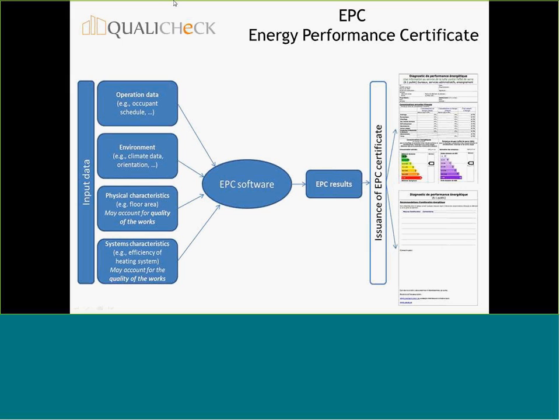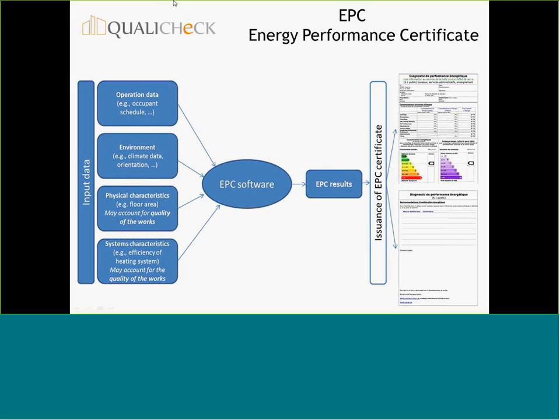And you see that input data describe the building, its physical characteristics, the environment in which it has been or will be built, the characteristics of the systems for heating, ventilation, air conditioning, domestic hot water, lighting, and so on, and also the operation of the building, depending on its occupation, the occupation schedule, and so on.